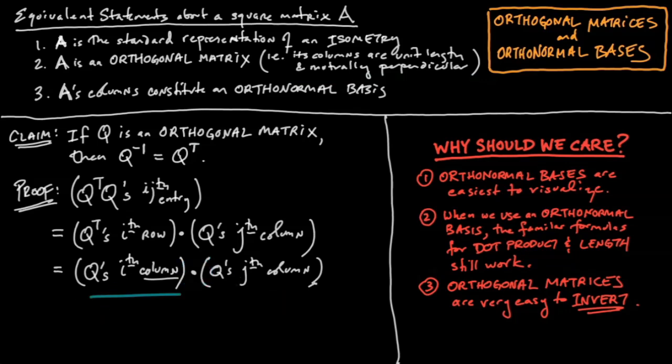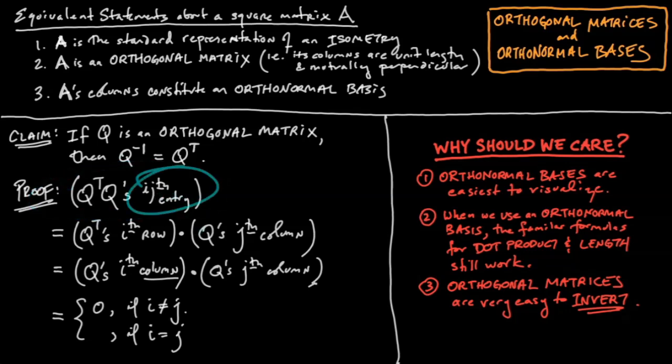Oh, so that means I already know that this dot product is 0 in the cases where i and j are distinct. But what about the cases when i and j are equal? Like maybe we're not talking about the entry in row 2, column 8 of this product, but the entry in row 5, column 5.